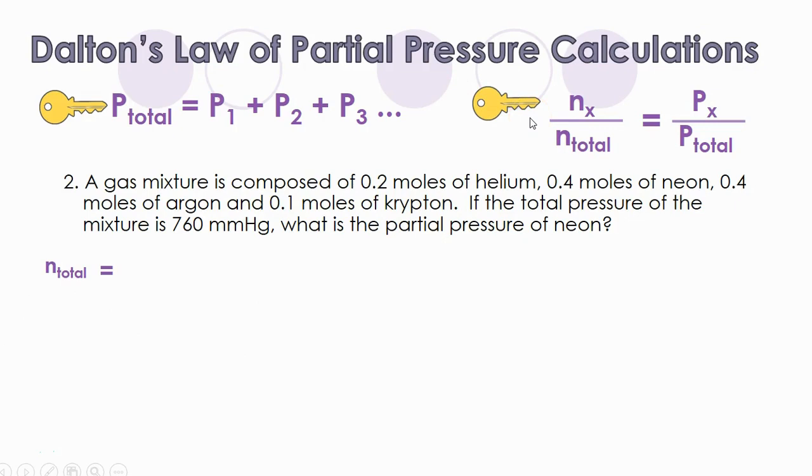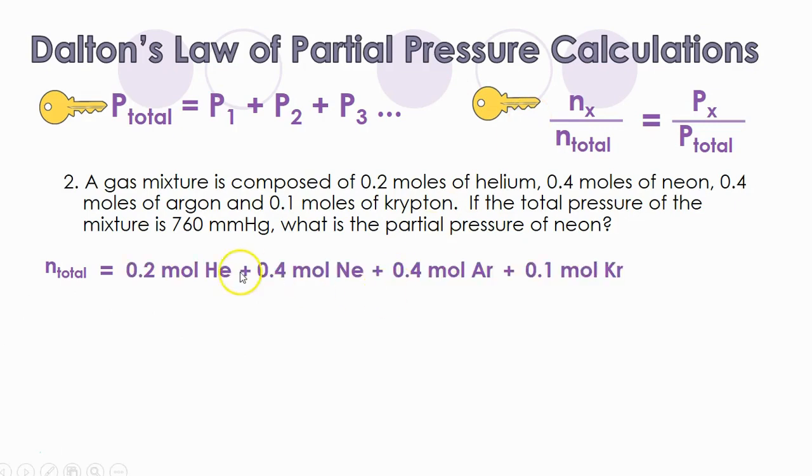When you set up the problem, the total number of moles is going to be when you add up all the moles together. You're going to need your total number of moles when you're using this formula. Because we want to figure out the partial pressure of neon, we need the moles of neon.